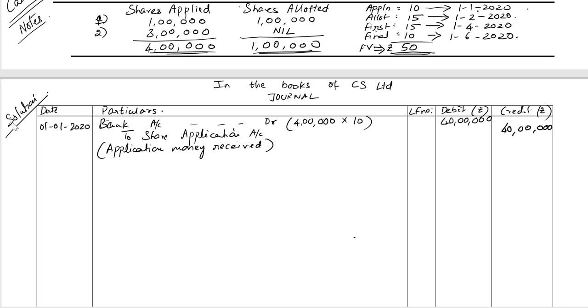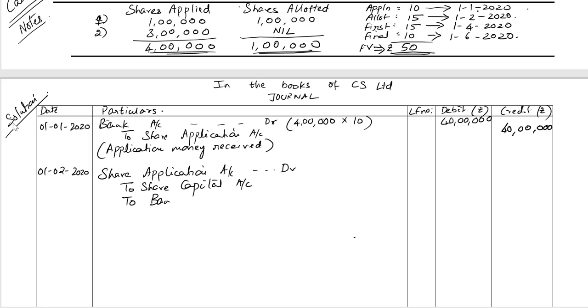The second entry is on the date of allotment, and the date of allotment is 1st February 2020. So 1st February 2020, share application account debit, to share capital account, and the balance is refunded to bank account.